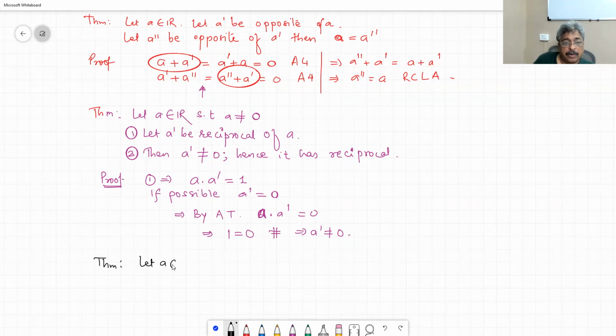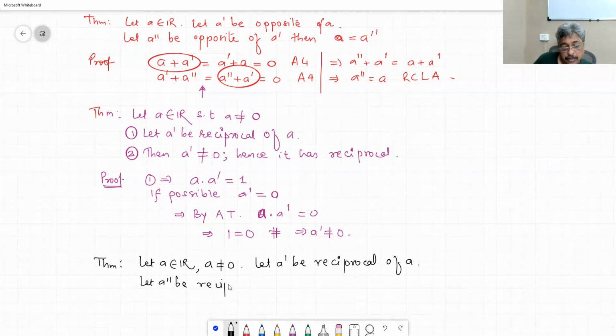Let A belong to R, A not equal to 0. Let A dash be the reciprocal of A. Let A double dash be the reciprocal of A dash.